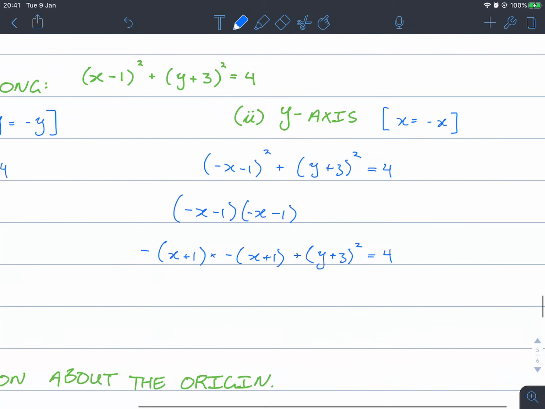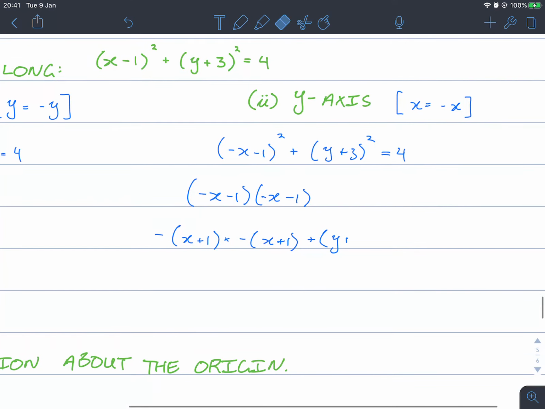These two multiply to become positive, leaving us with just x plus 1 squared plus y plus 3 squared equals 4.